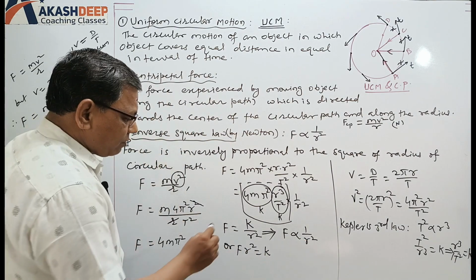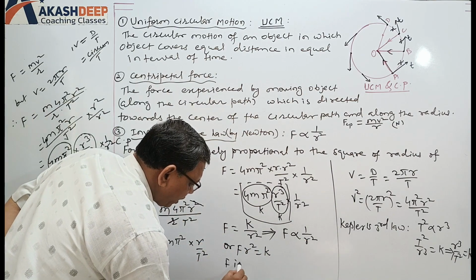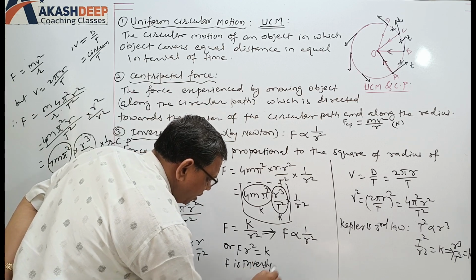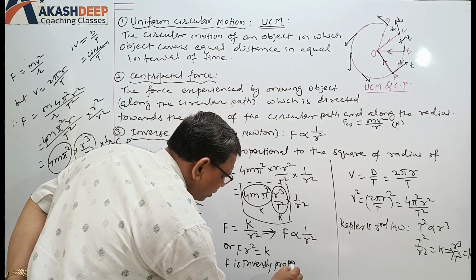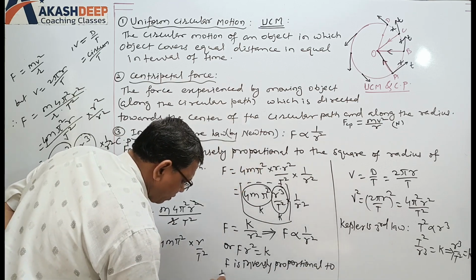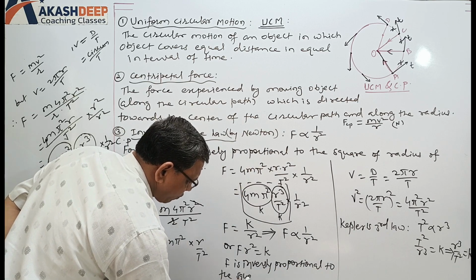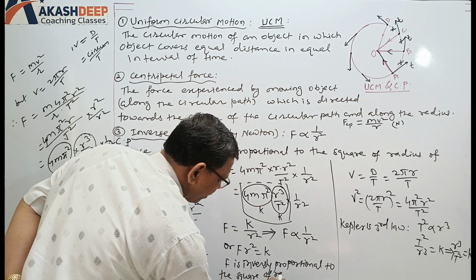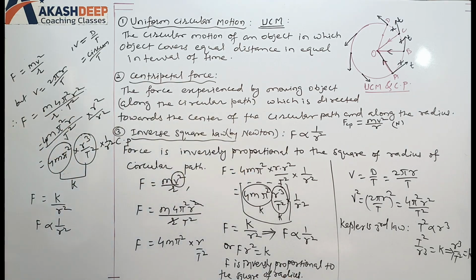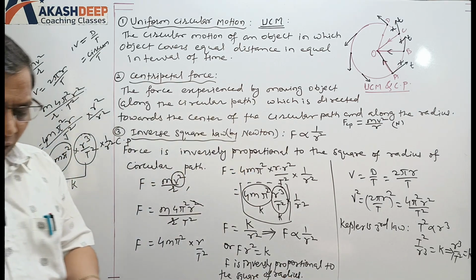It indicates that F is inversely proportional to the square of the radius.